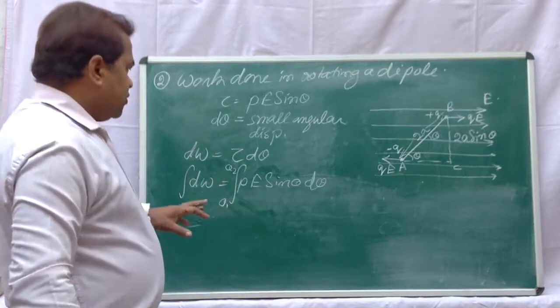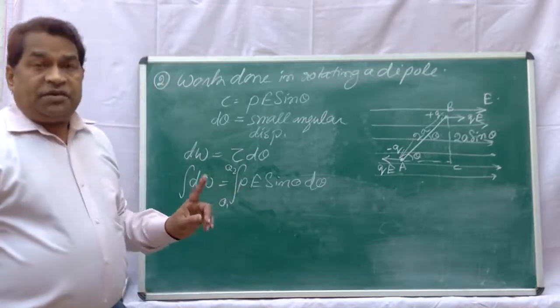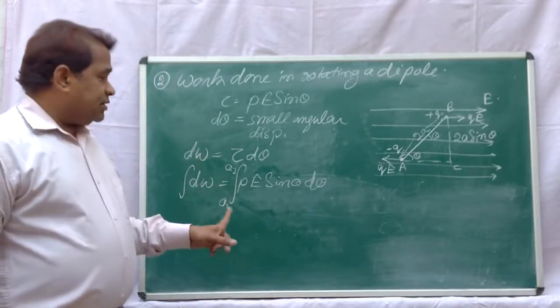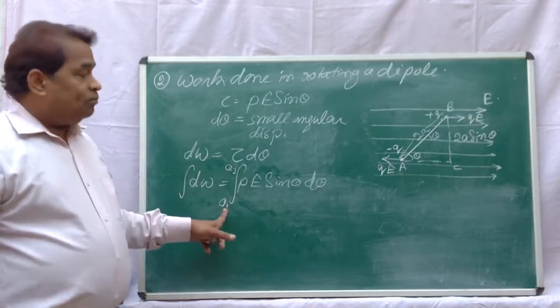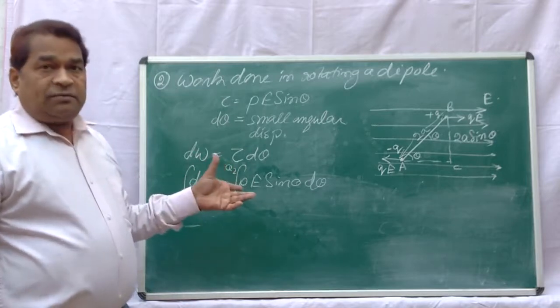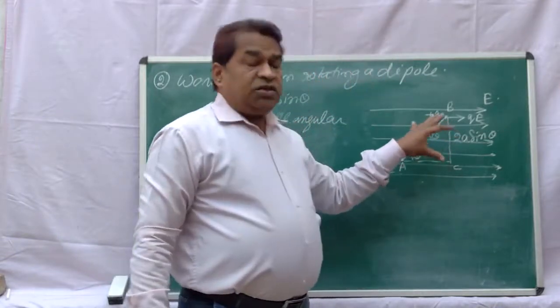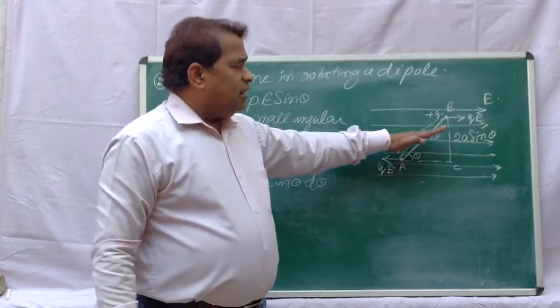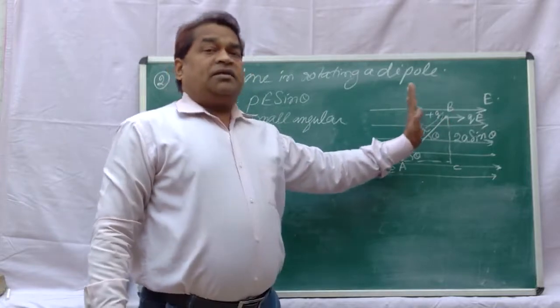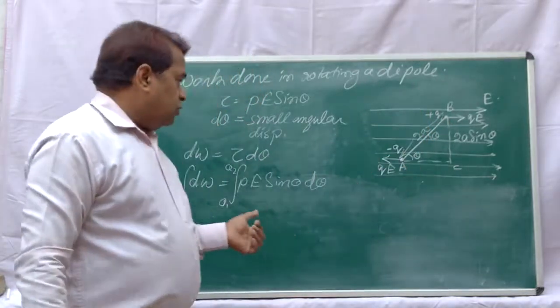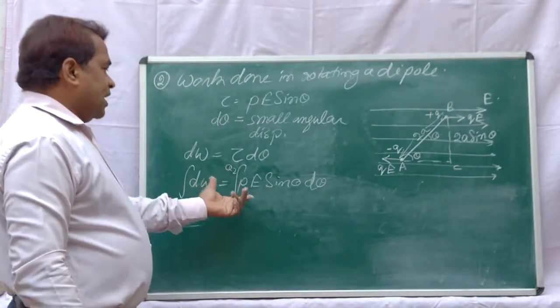Dear students, here we are taking two limits: theta 1 is the initial angle and theta 2 is the final angle. Suppose the dipole was initially at angle theta 1 and is rotated up to angle theta 2; these will be the limits.